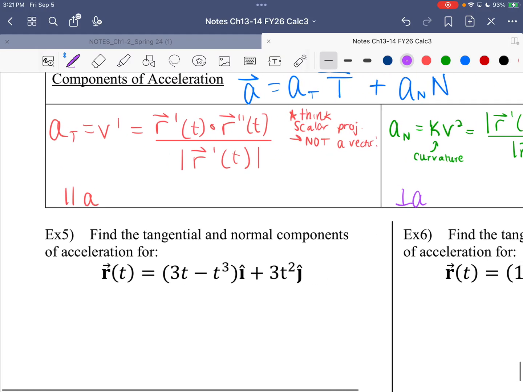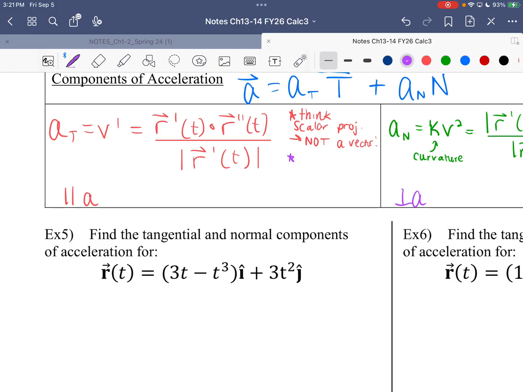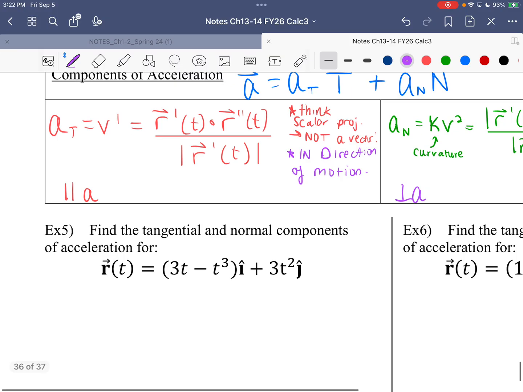I want to add something to this, though. We're saying the scalar projection is in the direction of the motion. And then the normal acceleration component is orthogonal to the direction. So it's like the thing pulling the object in towards the center of the curve.